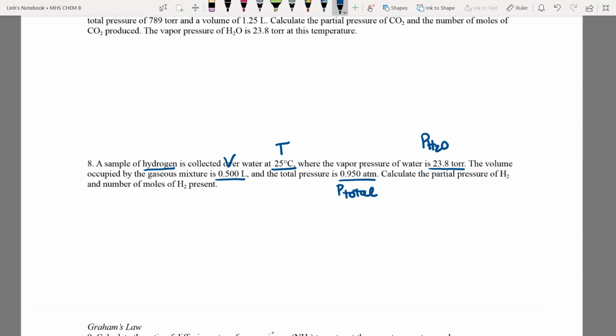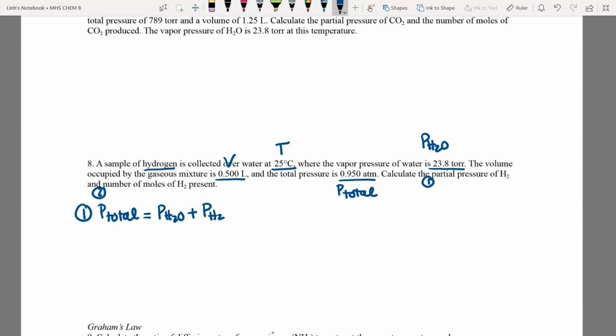So let's answer question number 1. Question number 1 is the partial pressure of H2, and question number 2 is the number of moles of H2 present. To answer number 1, I know that the total pressure in that tube is the pressure of water plus the pressure of the hydrogen gas.